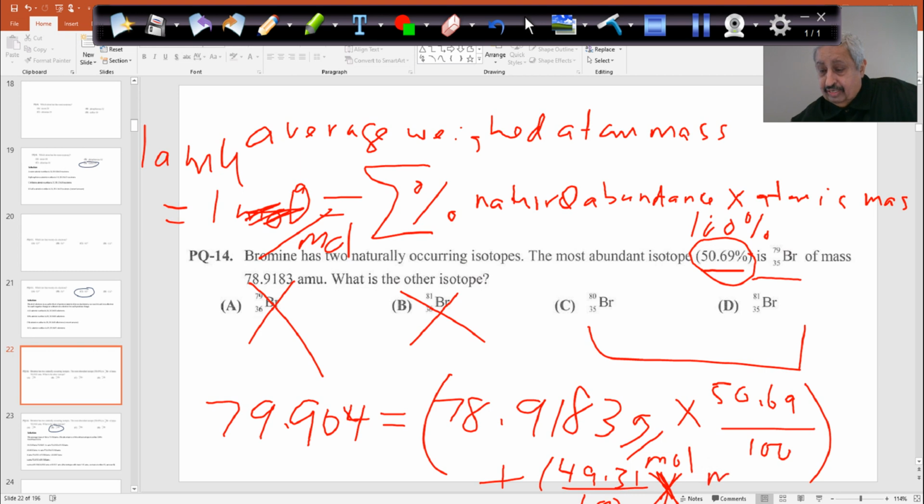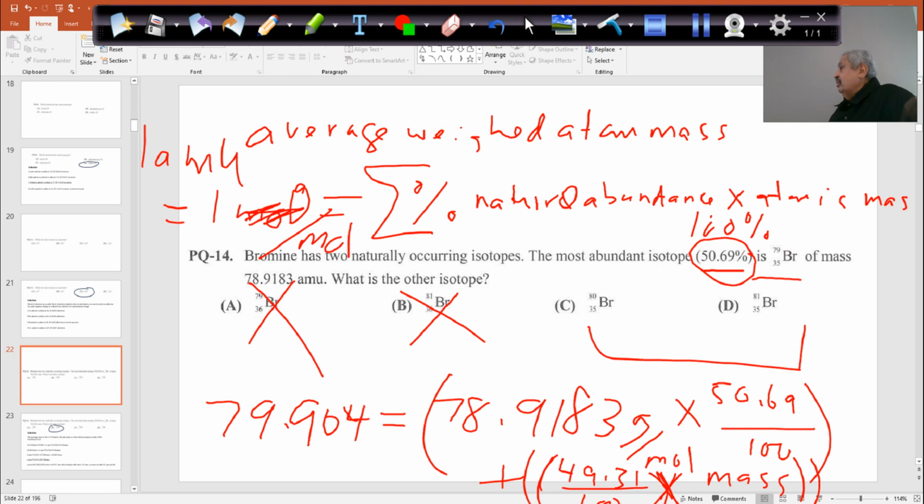We don't know the mass of the second isotope, but we can calculate it. But do we really need to? The leftover from 100 is multiplied by the atomic mass. We don't know it. The average weight is given to you from the periodic table.